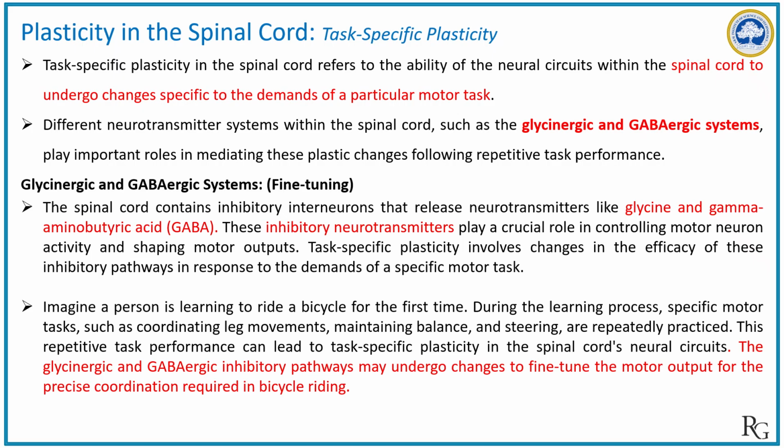Through repeated task performance, the spinal cord modifies its inhibitory circuits to allow precise motor control. This is an important principle in motor learning and also in rehabilitation, because the more a person practices a specific movement, the more the spinal circuit adapts to make that movement efficient and coordinated.